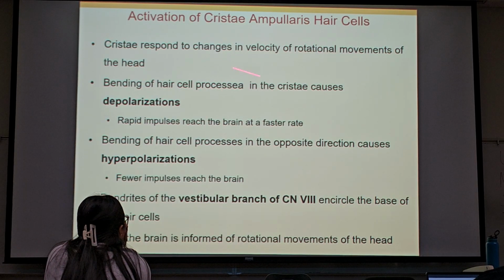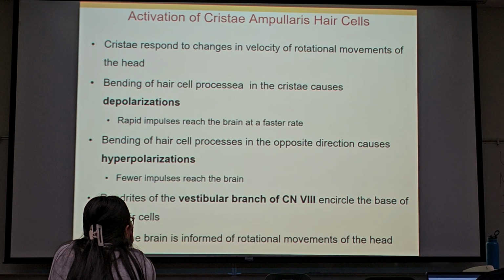And it's going to be responding as that cupula is bending. Those hair cells get bent. And we'll get, again, a firing of neurotransmitter, the rapid firing of impulses, or not so rapid. And that will tell the brain what we're doing as far as spinning.